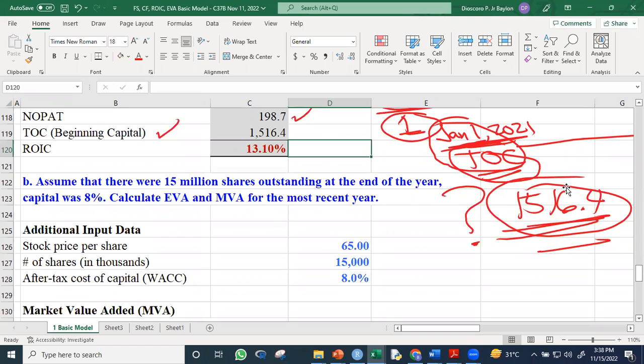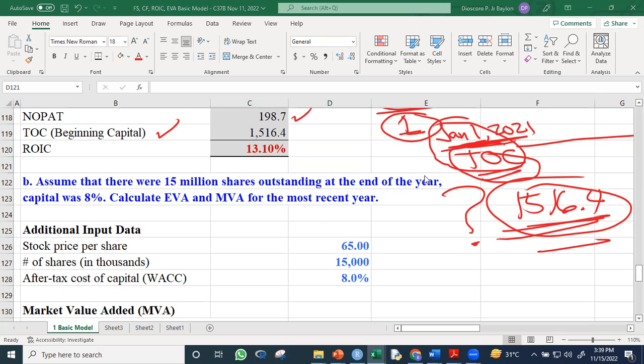What could that be? Any guess, class? No guess? Okay, Raf?